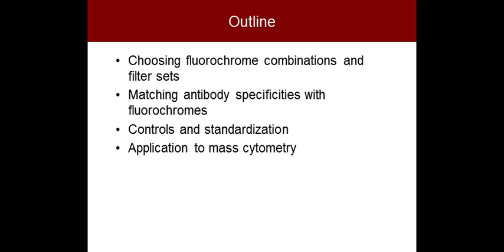And standardization is something you want to think about if you're going to do that panel more than once. Most of the time, if you take the trouble to build these multicolor panels, you're going to want to use them over a period of time and compare results. And then finally, I'm going to talk a little bit at the end about mass cytometry and what the issues of panel design are there. For those of you who aren't familiar with that platform, I will introduce it briefly.